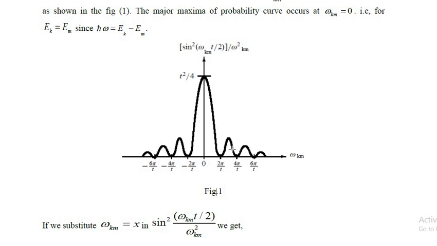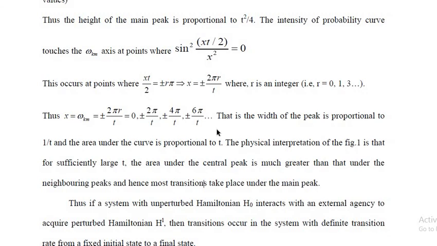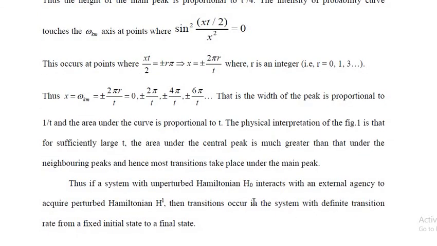Most of the transition occurs in this central peak. Thus, if a system with unperturbed Hamiltonian H0 interacts with an external agency to acquire perturbed Hamiltonian H', then transitions occur in the system with a definite transition rate from a fixed initial state to a final state.